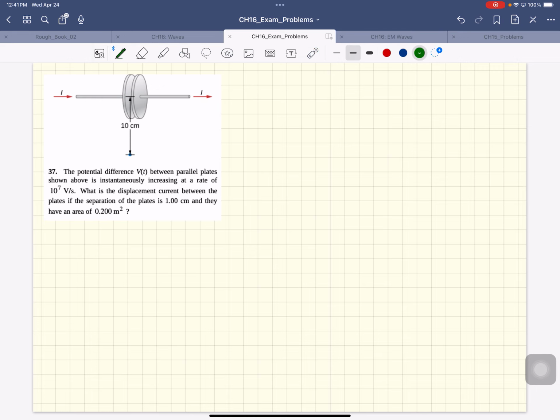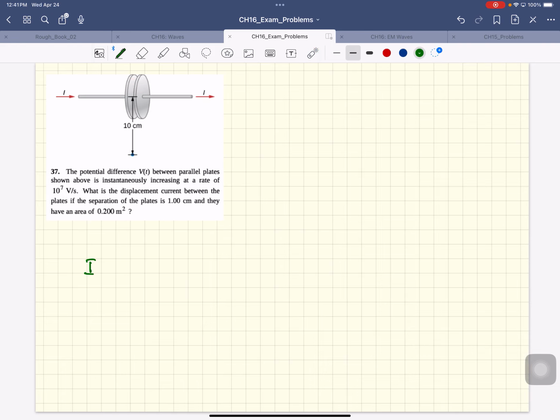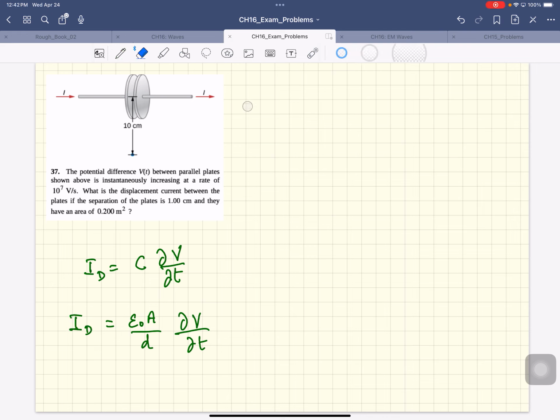We just saw that the effective current because of the increase in electric field, the displacement current, is C del V by del t. For a parallel plate capacitor filled with air, that's epsilon naught A over d times del V by del t.